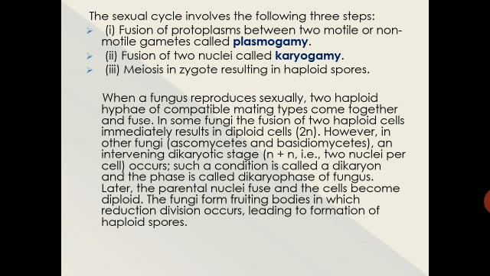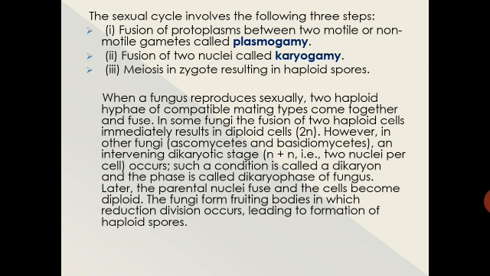Such a condition is called a dikaryon, and the phase is called the dikaryophase of fungus. Later, the parental nuclei fuse and the cells become diploid. The fungi form fruiting bodies in which reduction division occurs, leading to the formation of haploid spores.